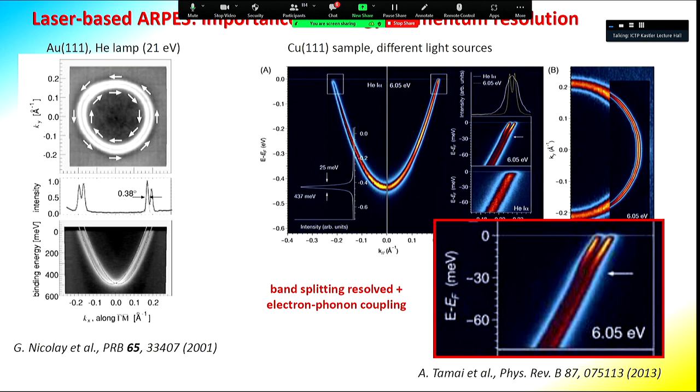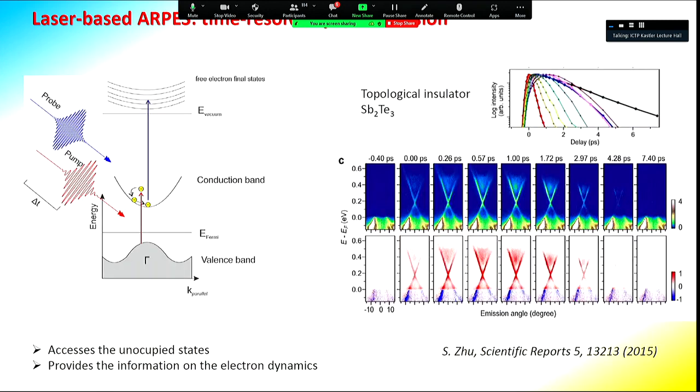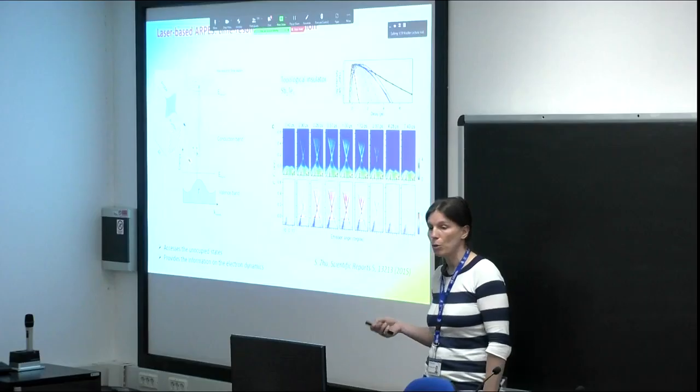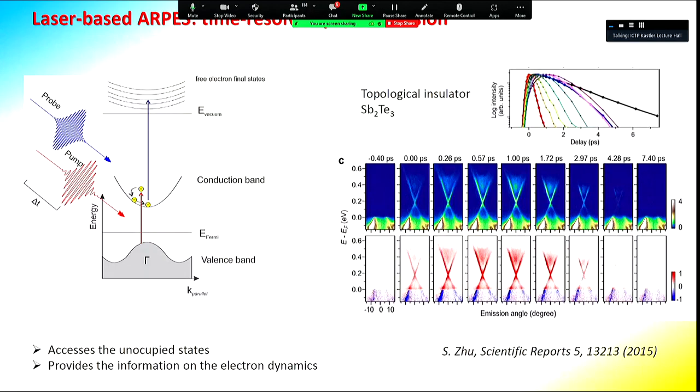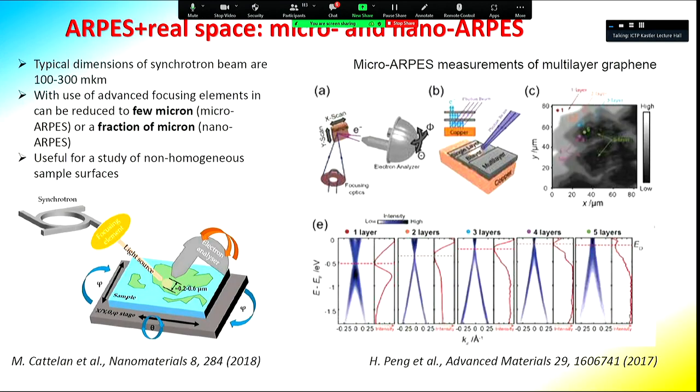Okay, there is also laser-based ARPES, which can probe the non-occupied band structure and also allows for studying the dynamics of the excited states. I have to skip a bit faster because we are running out of time.